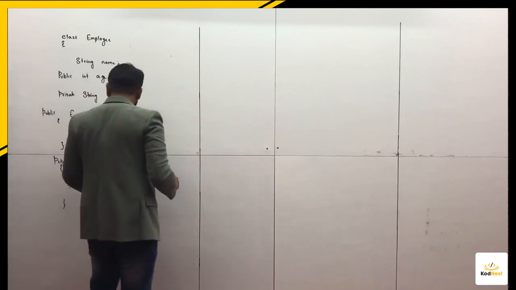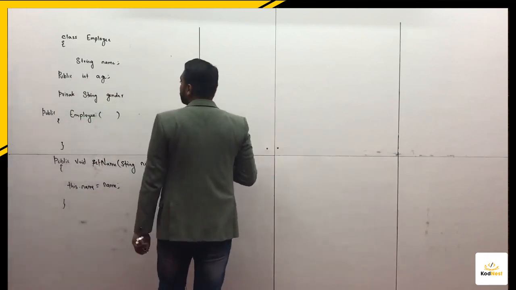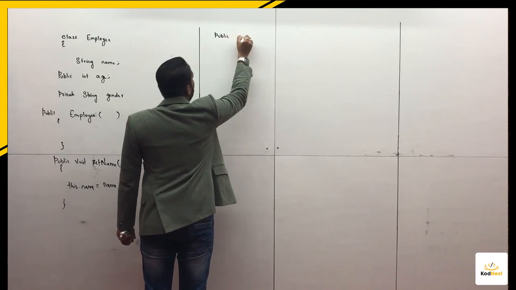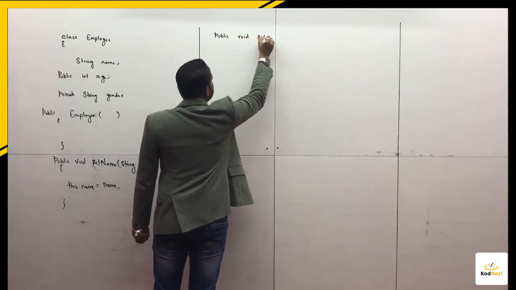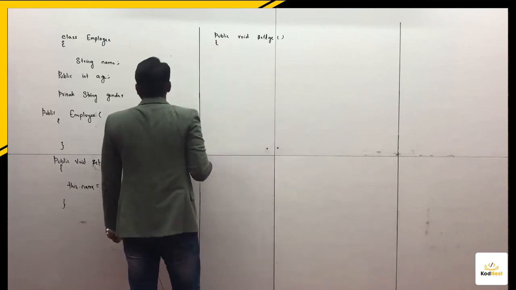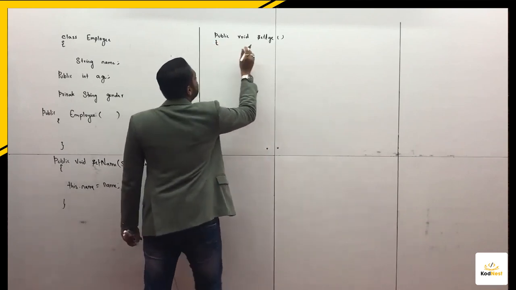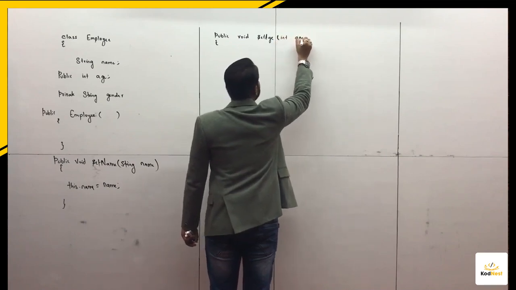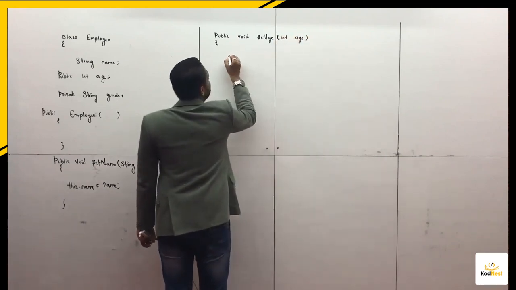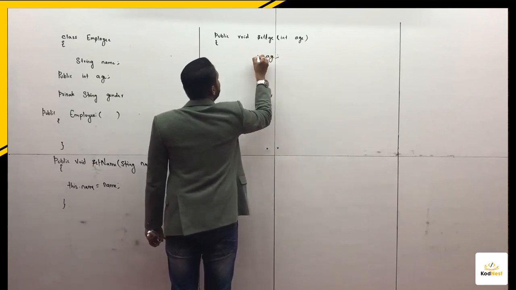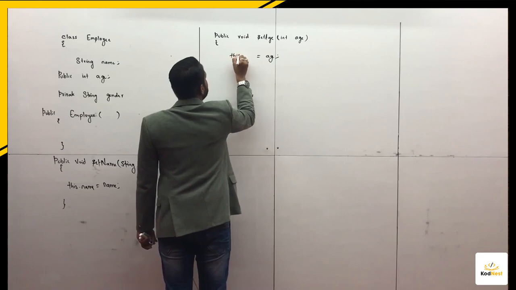Next, possibly I will write one more setter like this, public void setAge. Here I would tell this will accept one variable, int age. Inside this I would tell whatever is there in age, give it to this dot age.